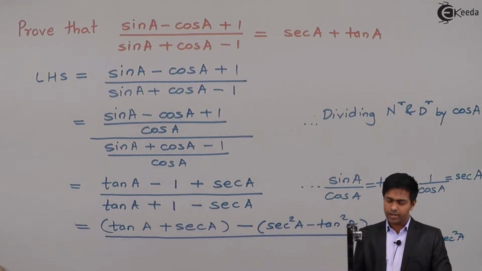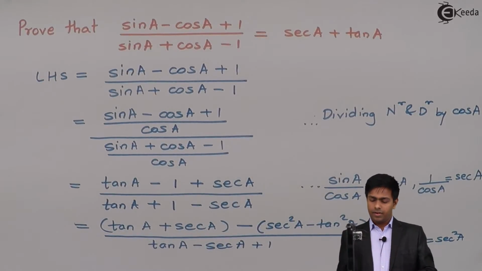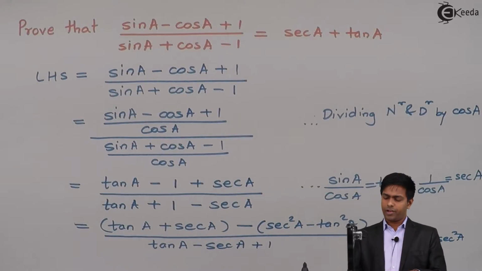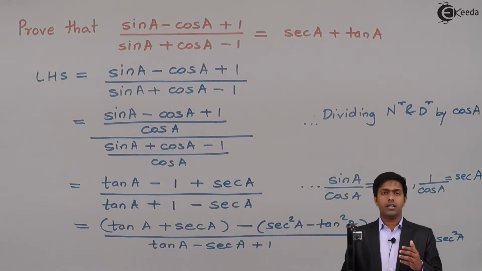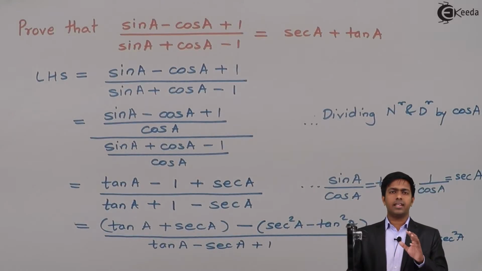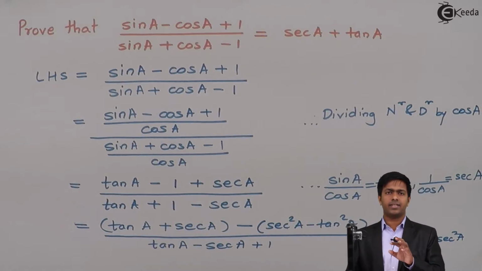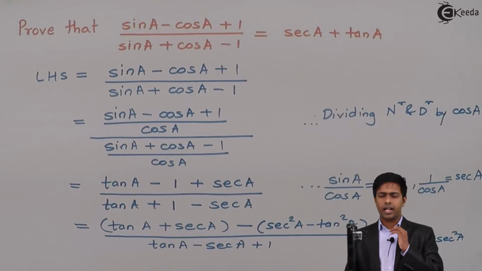Now in the denominator we will keep these terms as they are. Now the terms are tan a minus sec a plus 1. Now in the numerator we got sec square a minus tan square a. Let's visualize it as a square minus b square. So it is (a plus b) into (a minus b). So we will get (sec a minus tan a) and (sec a plus tan a).